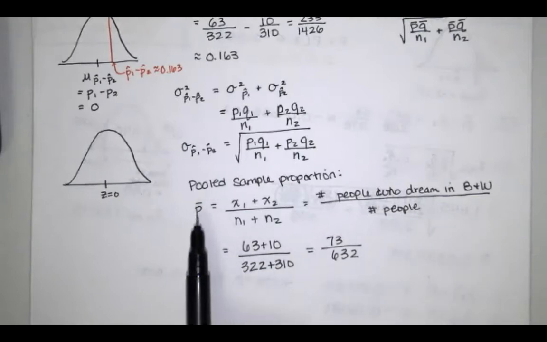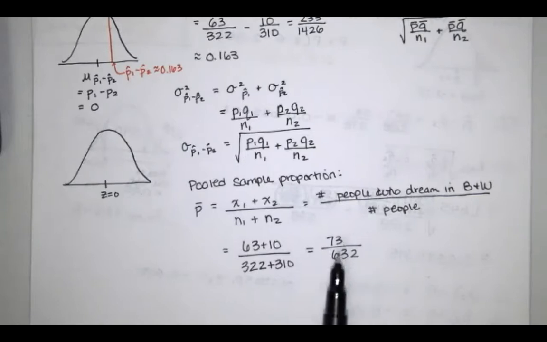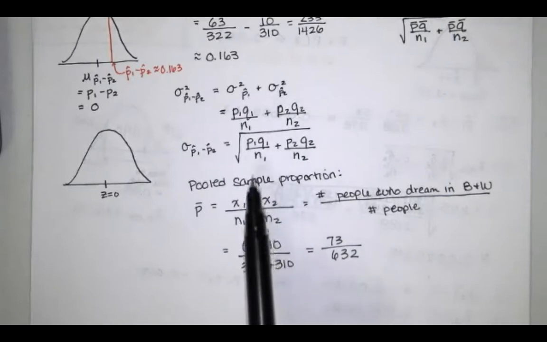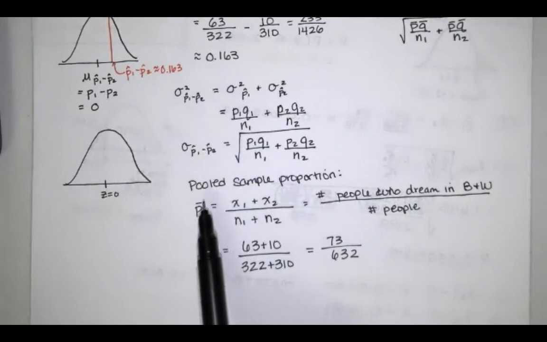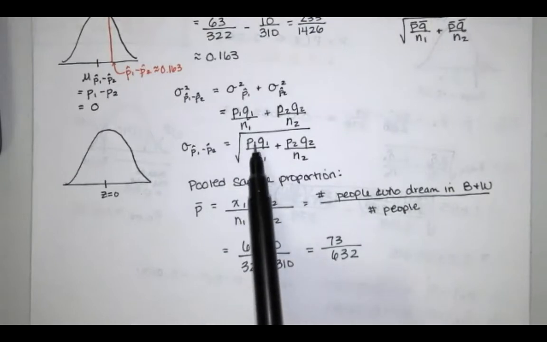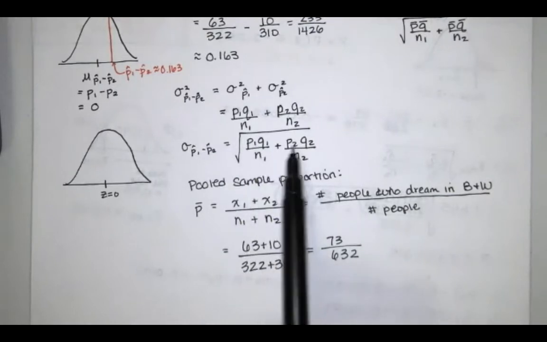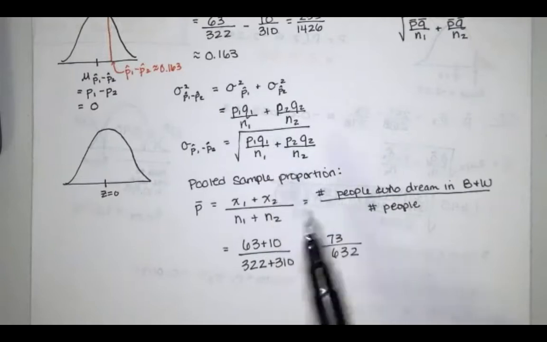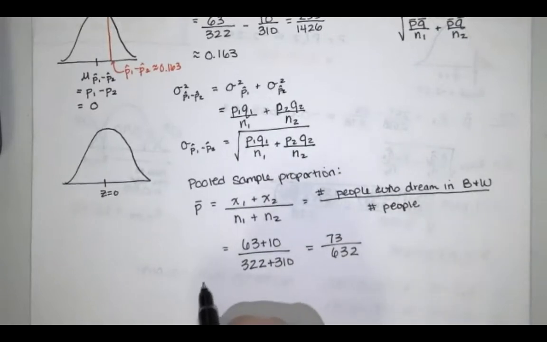So we've got this P bar here, and that's equal to this, and P bar is that assumed sample proportion. Because we're assuming that P1 and P2 are equal to each other, the best guess of what P1 and P2 are is this pooled sample proportion. So then rather than using P1 and P2 here, which are unknown, we're going to use this estimate, P bar. And then Q bar is exactly what you would expect.